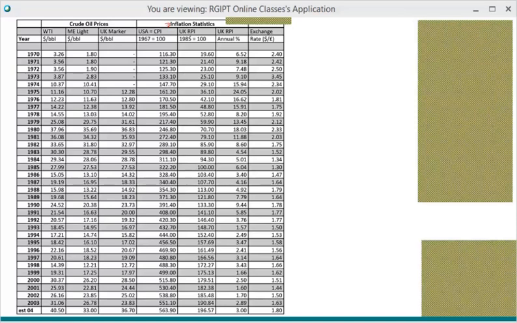So this kind of data you can get even online. So, UK retail price index, where there are some references given. So let's say 1985 is 100. That's the reference that is given.